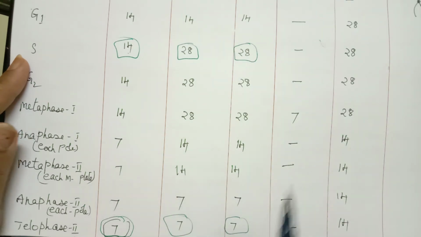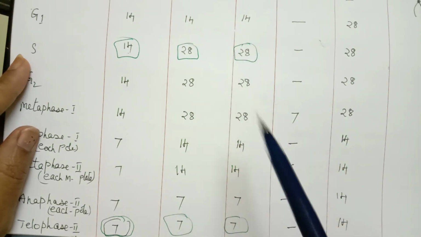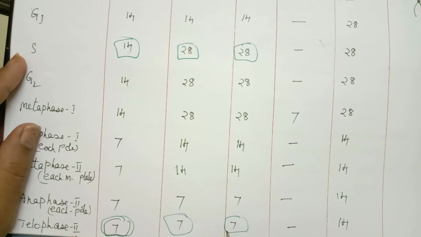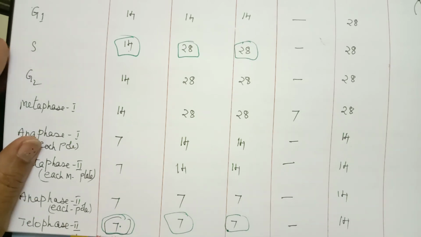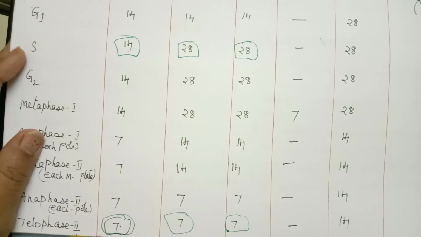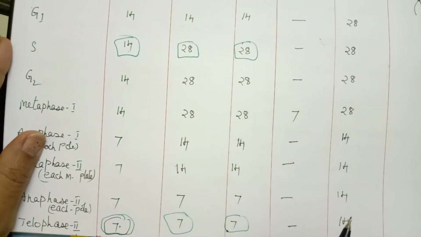That means if we compare the meiocyte with the daughter cells formed, we find half the chromosome number and 1/4 of the DNA. 1/4 of the DNA content compared to when the cell enters meiosis is found in each daughter cell.